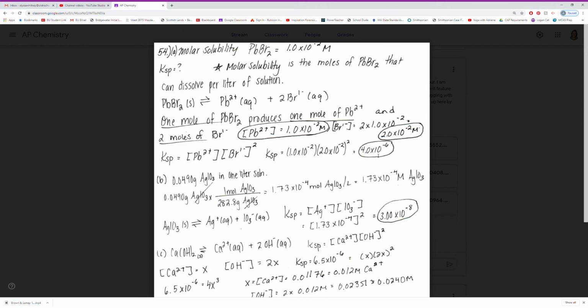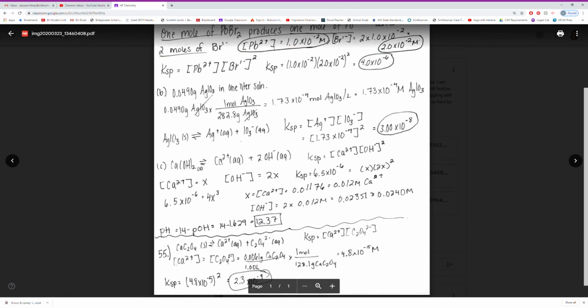Part B wants to know, if I have 0.0490 grams of silver iodate, and it dissolves per liter of solution, it just wants the Ksp again. That's what the solubility product constant is. If we were in class, I would ask, okay, we have 0.0490 grams of silver iodate, what do you think you want to do first?